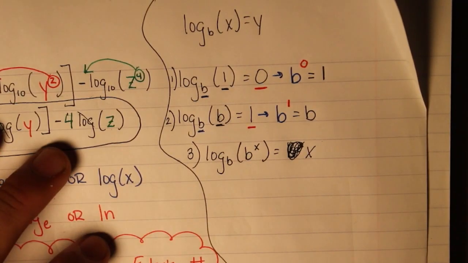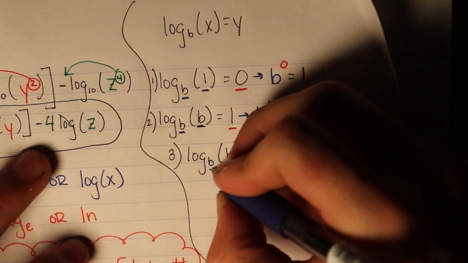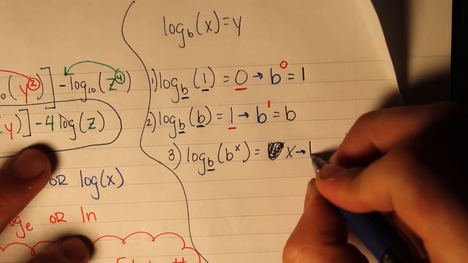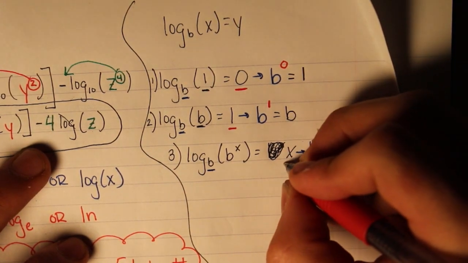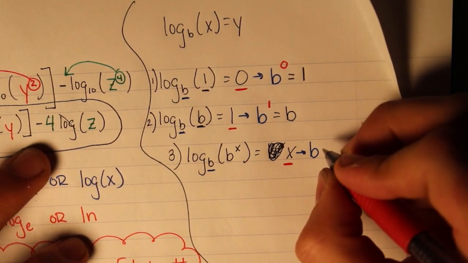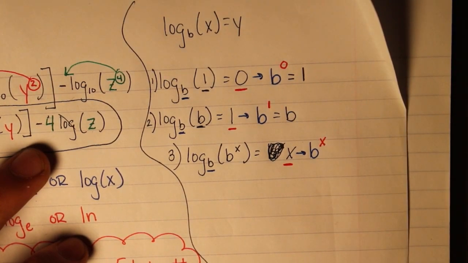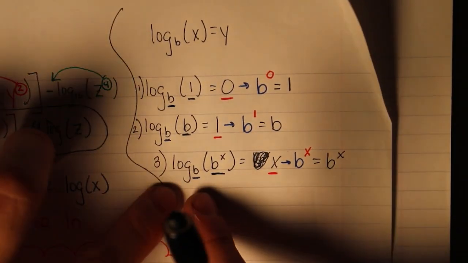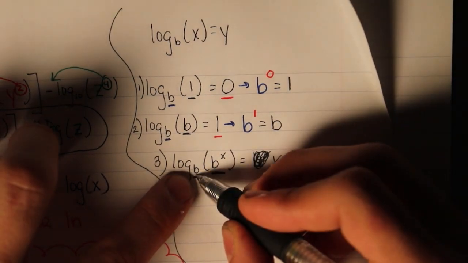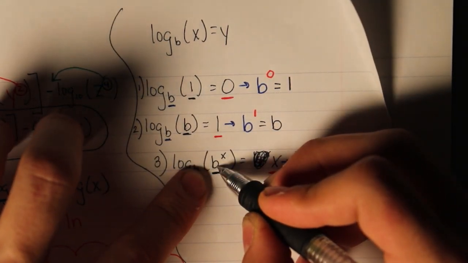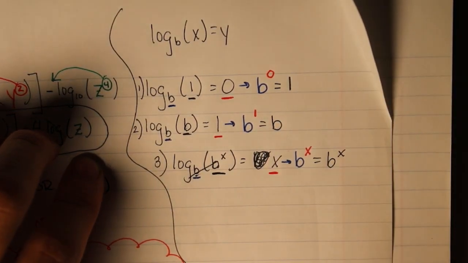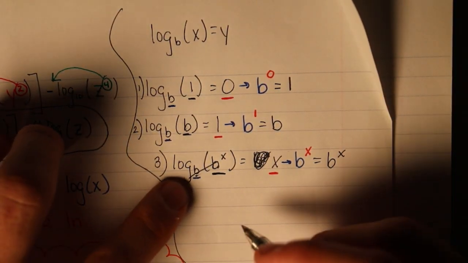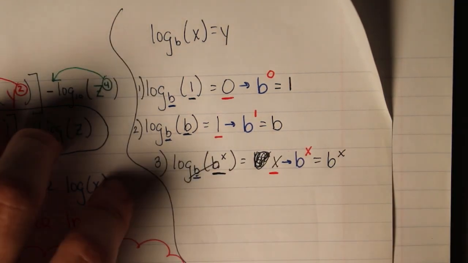Why is that? Let's try to put it in exponential form. We have our base b. We have our y value in our logarithm. That becomes our exponent, right? b to the x. And then our x value, b to the x, becomes our answer. So all this is saying is when our base and our x value are the same, they cancel out and you're left with just x.